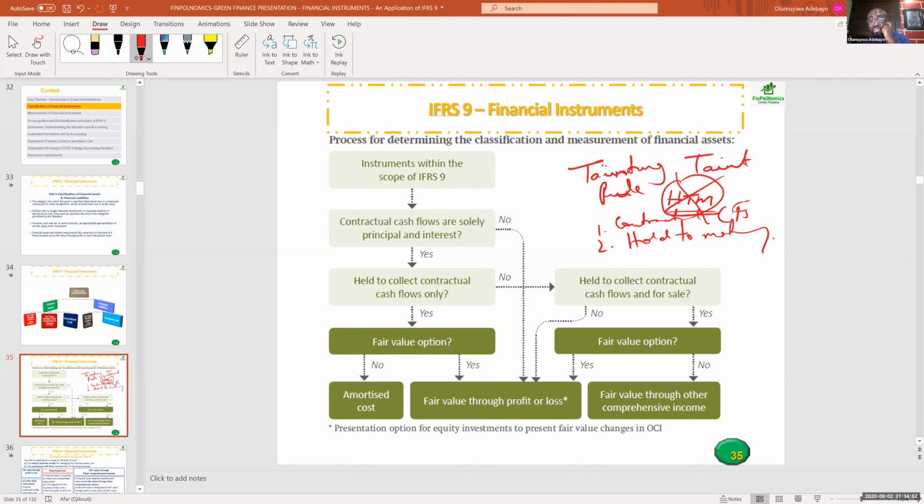On that basis, tainting has now been dropped. And since that is the only distinguishing factor between the loans and receivables class and the held to maturity class, they are now collapsed into amortized cost. That is how the story went.